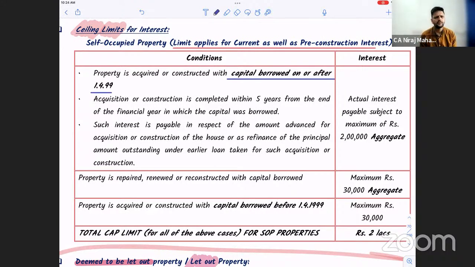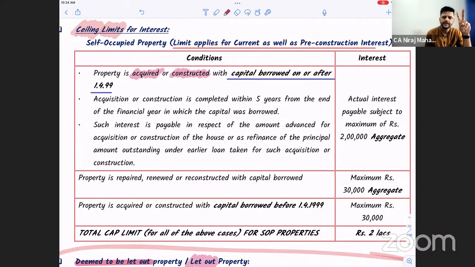What is the first condition you check here? The purpose of loan. Is it now all 5 purposes? No. It is not repairs, renewal or reconstruction. It is only right now acquired or constructed, purchase or construction. That is point number 1.